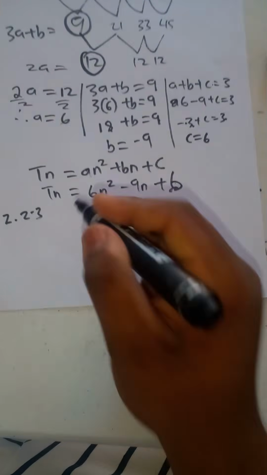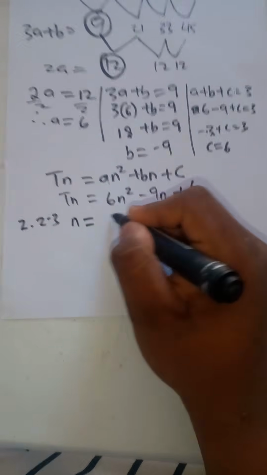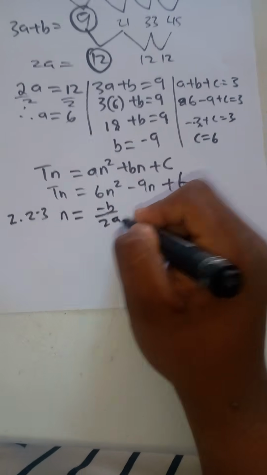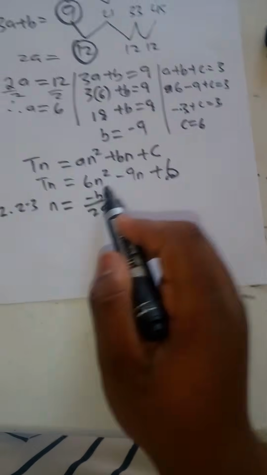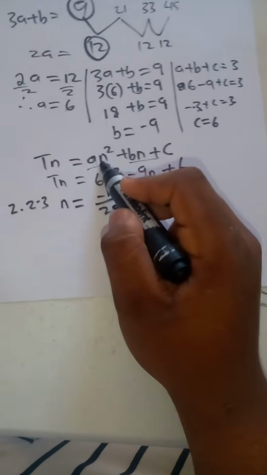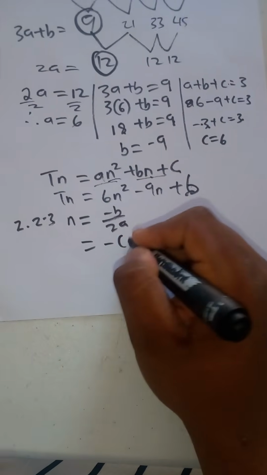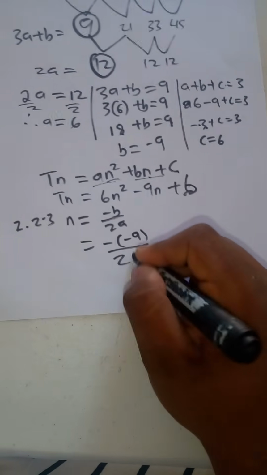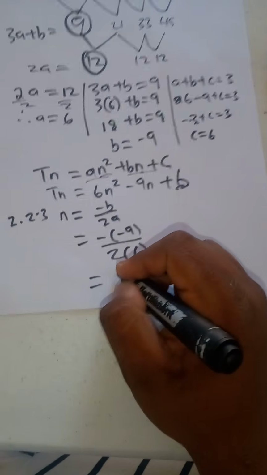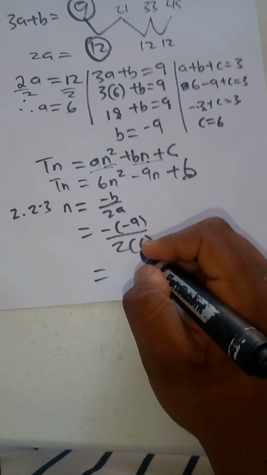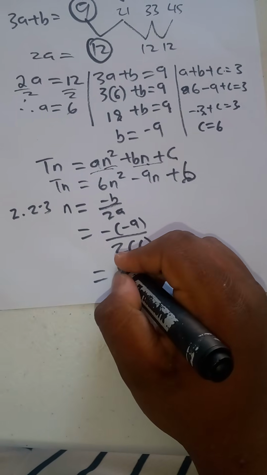In this case, I will use n is equal to minus b over 2a, because this is the same as a parabola. Aren't you seeing that it is the same form? Squared n and then the number. What is your b? Minus 9 over 2 times 6, which is 9 over 12, the same as 3 over 4.